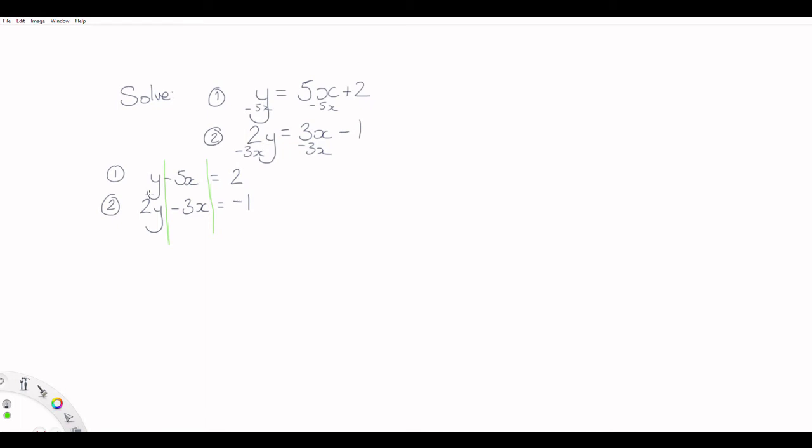We can say equation 2 minus equation 1, 2y minus y, we're still left with a y term. So how do we get rid of them? Well, let's think about if we have 2y here and we have 1y here, we want to get them the same so we can subtract one away from the other. How about if we do equation 1 times 2?